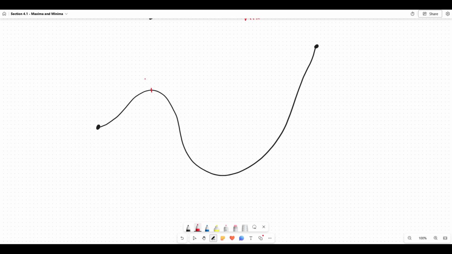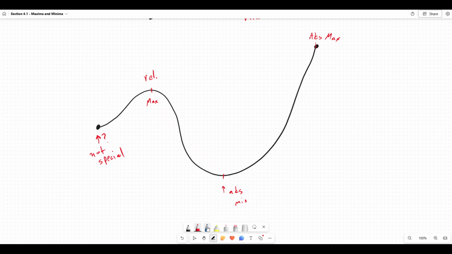Right here, this is a relative maximum. Right here, we have an absolute maximum. Right here, we actually have the absolute minimum. And what is this? Not special. Not worth naming. Nothing about it actually tells us its name, right? And so that's looking at it graphically.